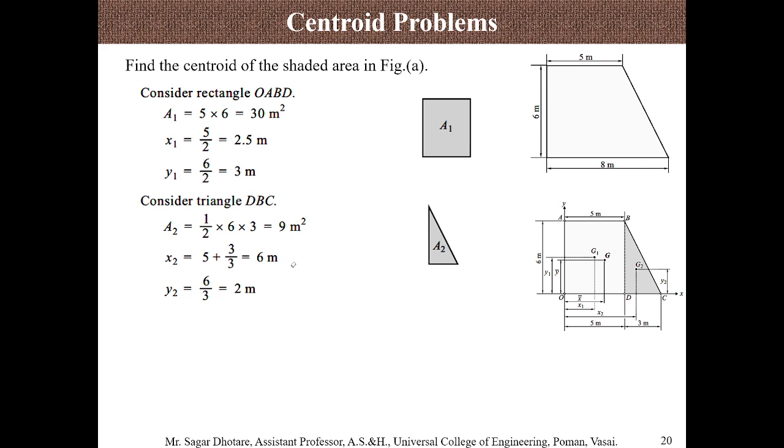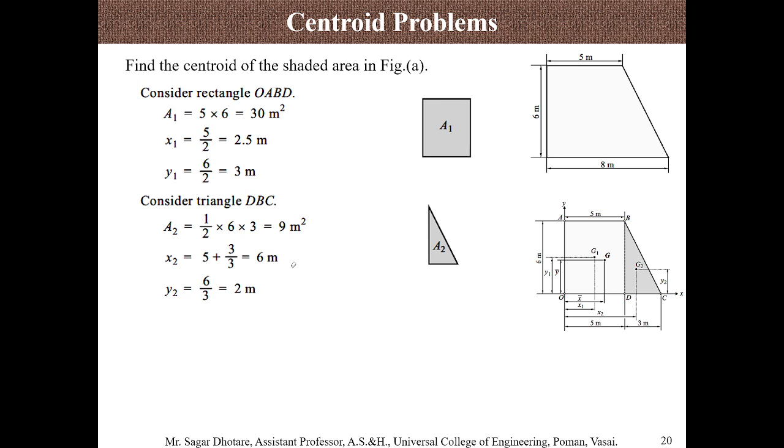Similarly we need to find the area and coordinates for the triangle. The second area is the triangle, 1 half L into B, so that is 1 half into 6 into 3, that is 9 meter square. For the x location, it is not at the initial position, it is after the rectangle. So the distance of the rectangle is to be considered.